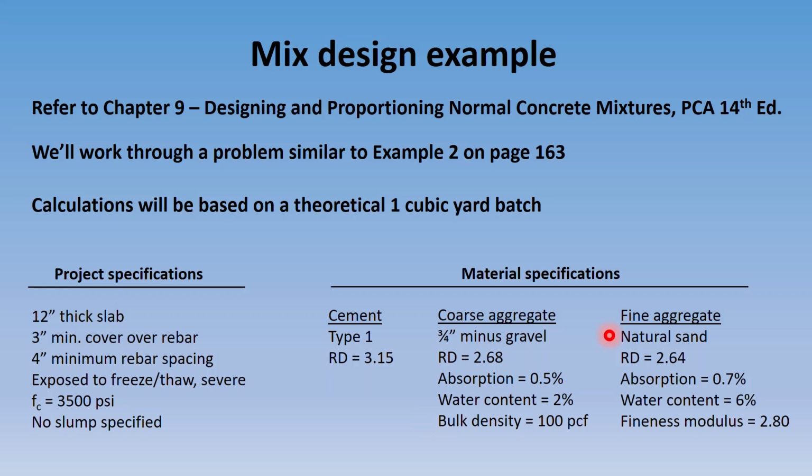The fine aggregate source is a natural sand with a relative density of 2.64. It has an absorption of 0.7%, which again is the moisture content when it's in its SSD condition. It's outside and exposed to the elements and has a water content of 6%. And the sand has a fineness modulus of 2.80.